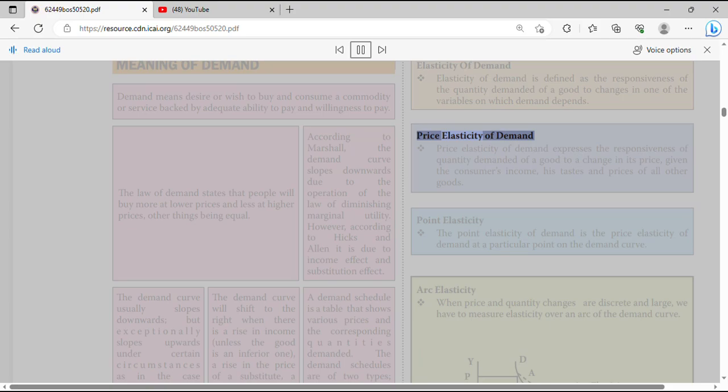Price elasticity of demand expresses the responsiveness of quantity demanded of a good to a change in its price, given the consumer's income, his tastes, and prices of all other goods. Arc elasticity: when price and quantity changes are discrete and large, we have to measure elasticity over an arc of the demand curve.